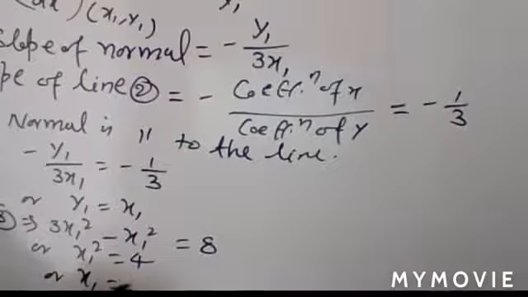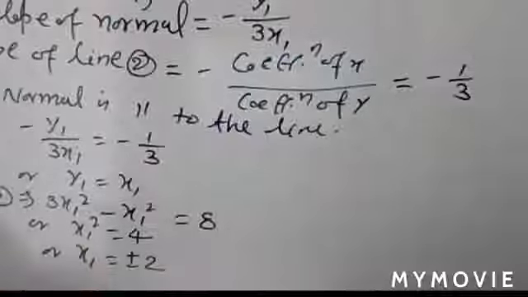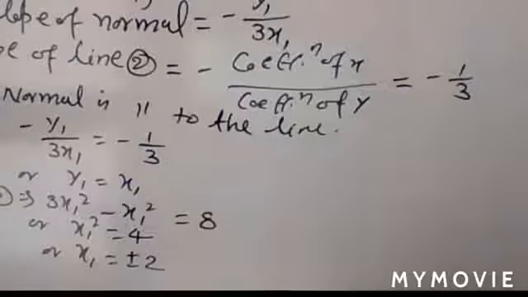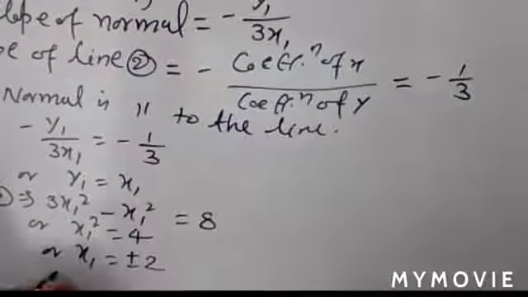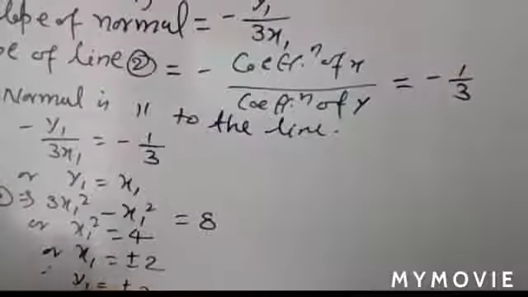So x1 is equal to plus minus 2. If x1 is plus minus 2 and y1 is the same as x1, then the value of y1 is also plus minus 2. Hence, y1 is equal to plus minus 2.